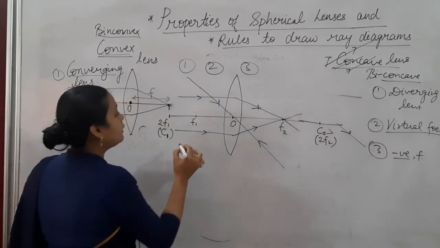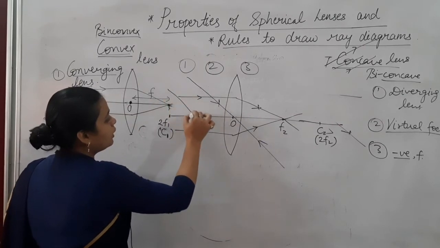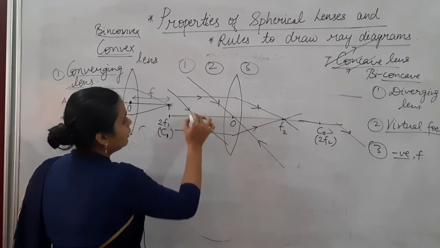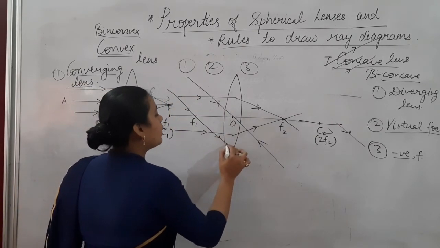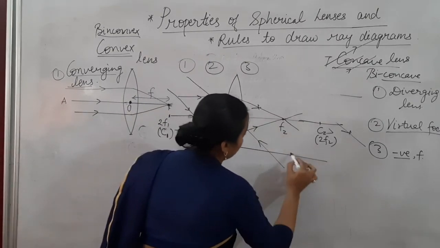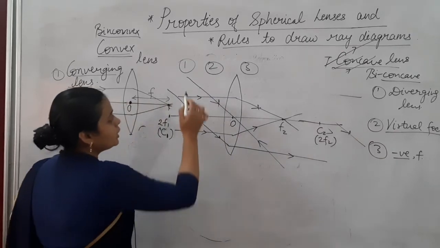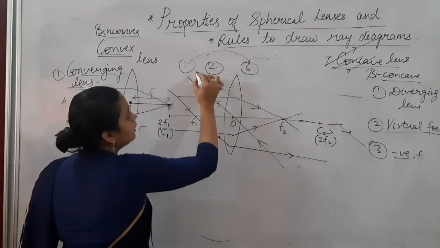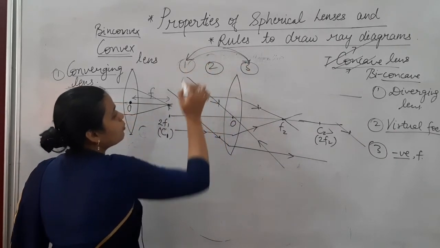If light ray will pass through focus, then where will it go after refraction? It will be parallel to the principal axis, means just the opposite of rule number 1. They both are opposite to each other.